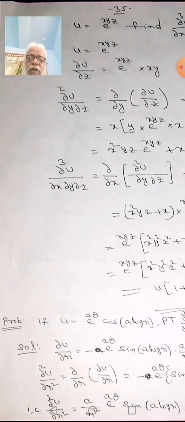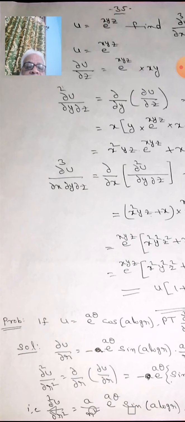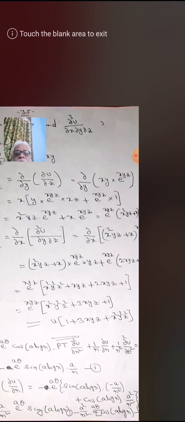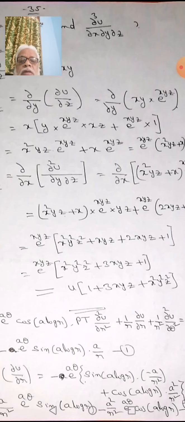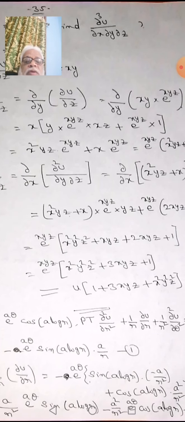So what is the second derivative? Dou 2u by dou r2 is dou by dou r of dou u by dou r. Minus e power a theta is treated as a constant because there is no r term in it. So we get minus e power a theta times the derivative of sin of log r into a by r, using the u v method.